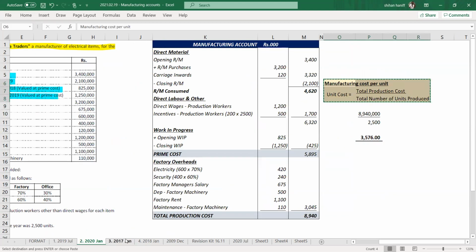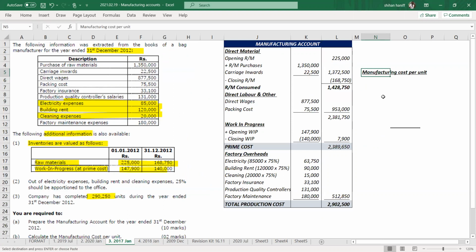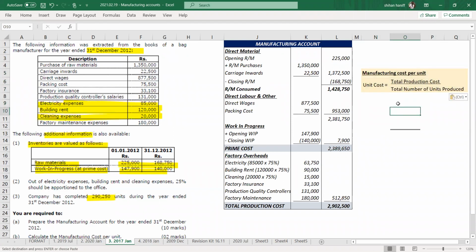And we will calculate the manufacturing cost per unit. How much is the unit cost?